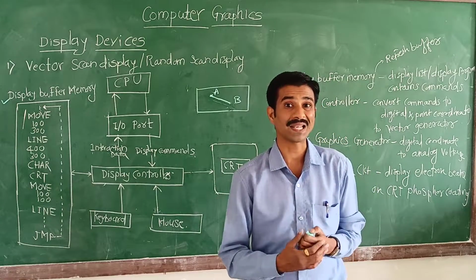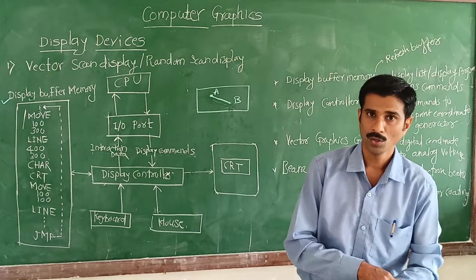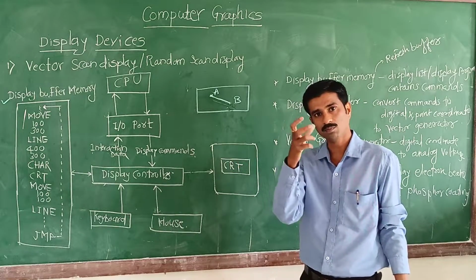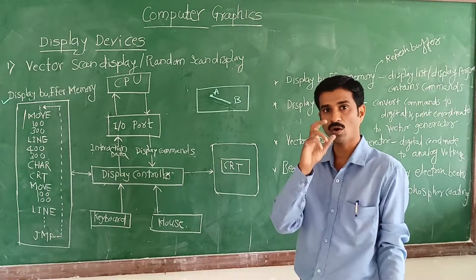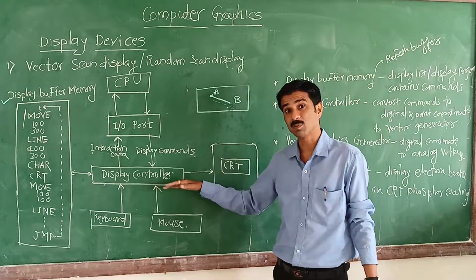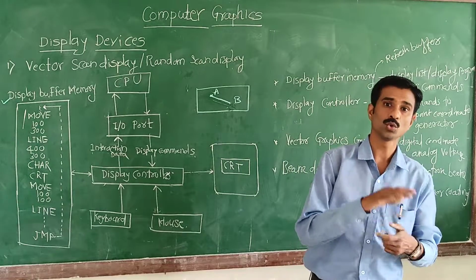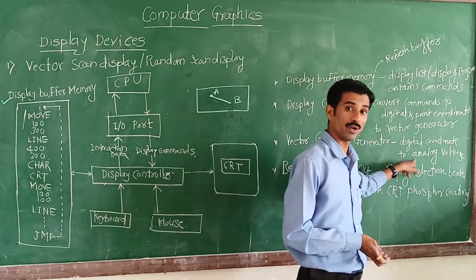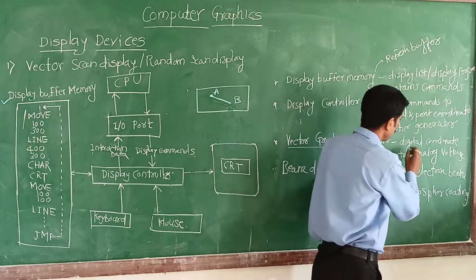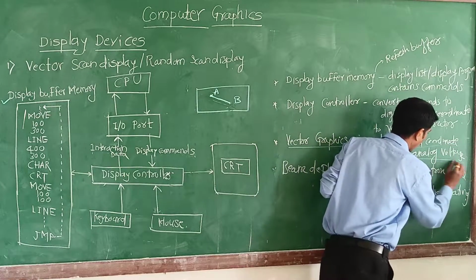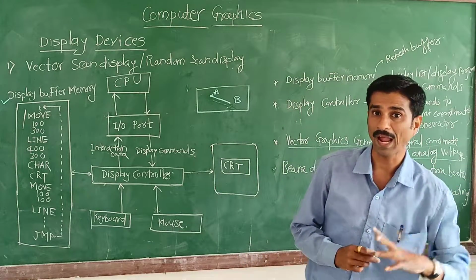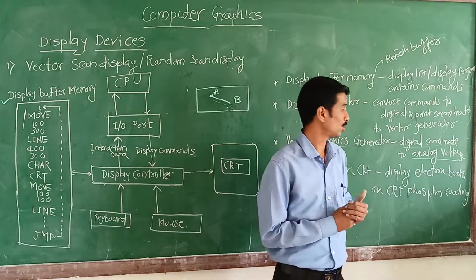What is the role of the vector graphics generator? It will convert whatever digital signals or digital coordinates are received from the display controller to analog voltage. The vector graphics generator converts digital coordinates to analog voltage.